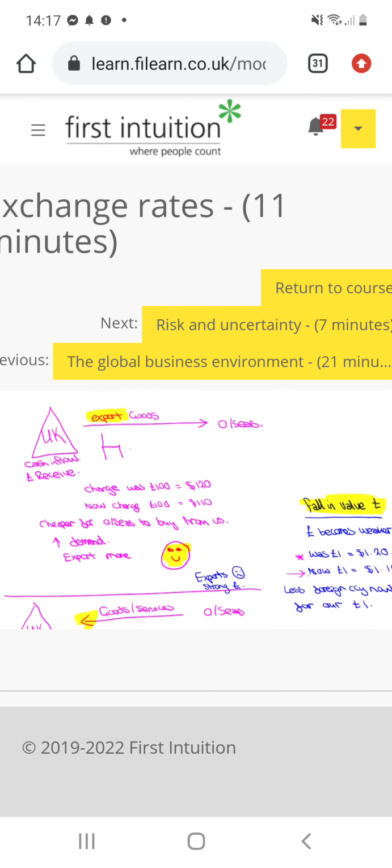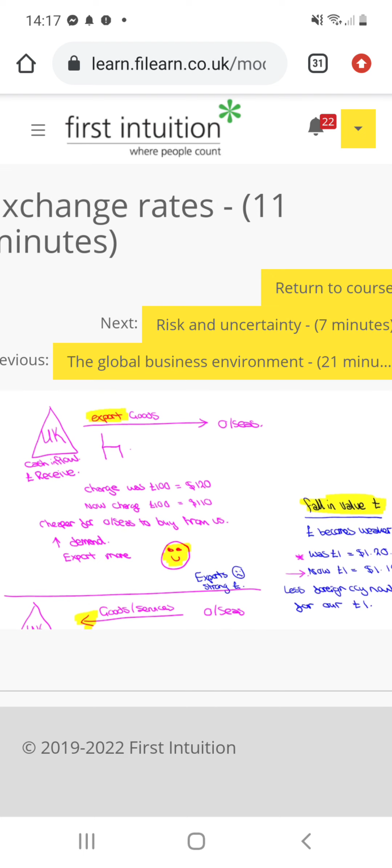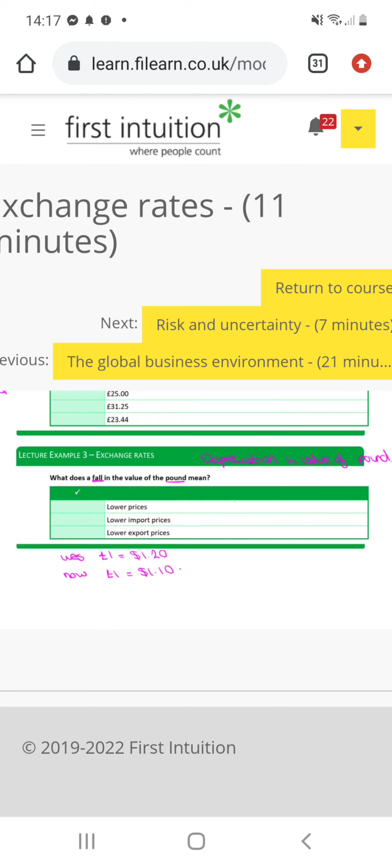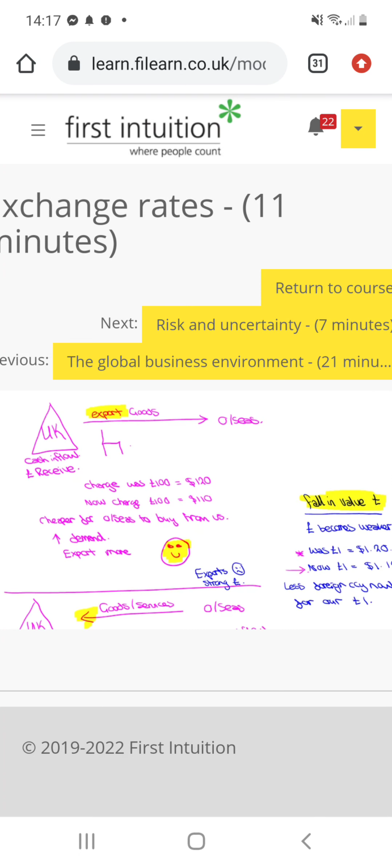So referring back, well, the first option in the lecture example was lower prices, and this really isn't clear. Are they talking about the domestic price, the import price, the export price? So I don't feel it's that one. Lower import prices, let's refer back to our diagram here.